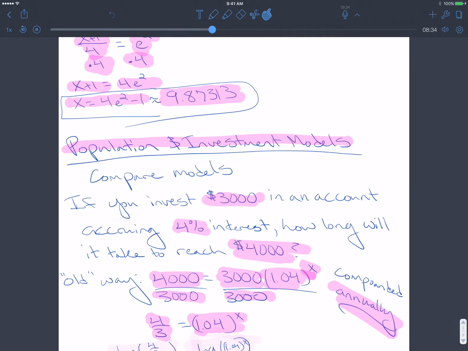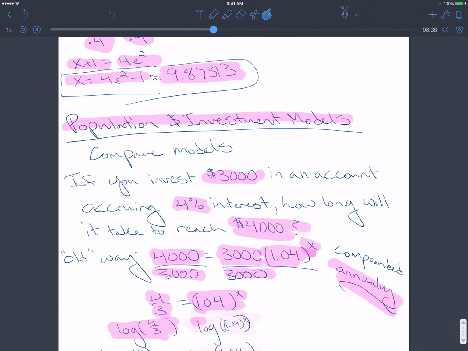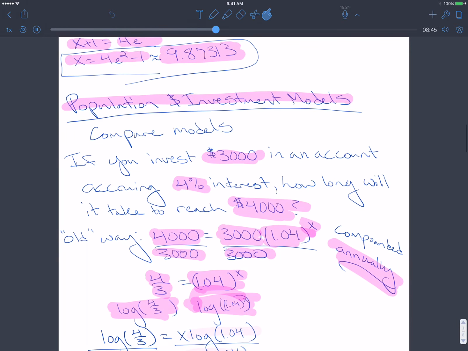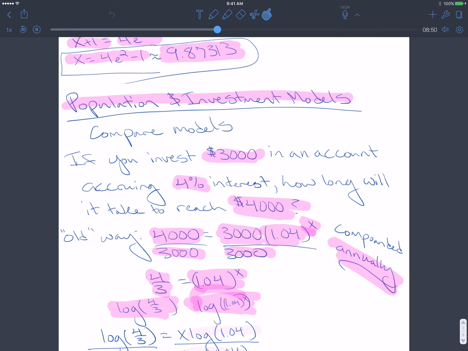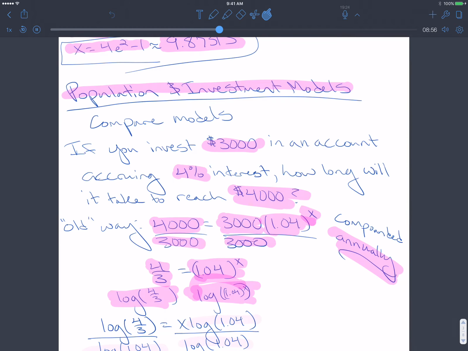If I take a log of both sides, I have log of 4/3 is equal to log of 1.04 to the x. Now that I can reduce again, remember that exponent can come out in front. And then I have log of 4/3 is equal to x times the log of 1.04. To solve for x, I just need to divide both sides by log of 1.04.